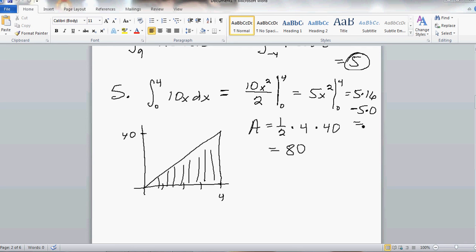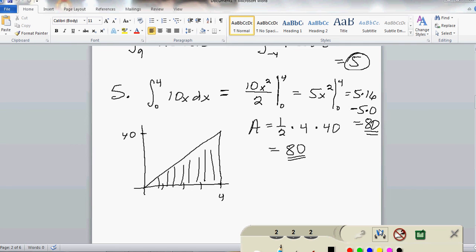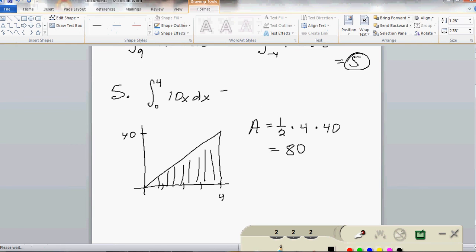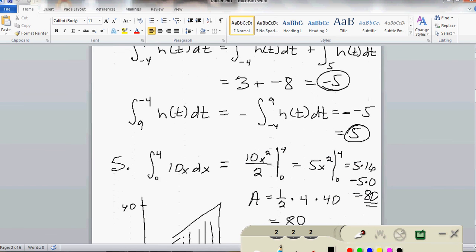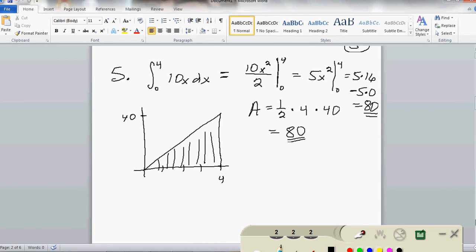And so we get 5 times 16, which is 80. Notice those two are the same. And as I've been saying in the past, integrals are a whole lot easier than drawing the graph and trying to figure out areas of rectangles or areas of triangles or whatever.